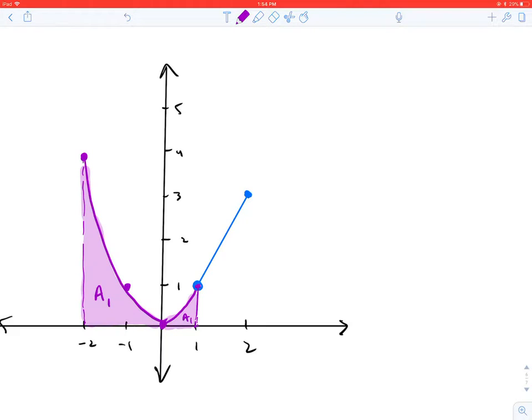So this is area 1, this is still part of area 1. And then the second area will be between the line and the x-axis here in blue.